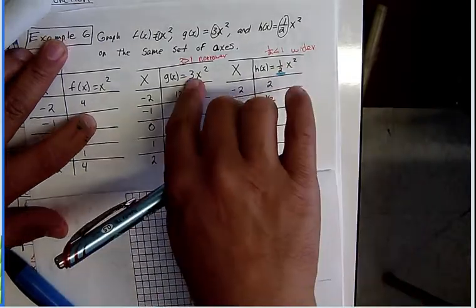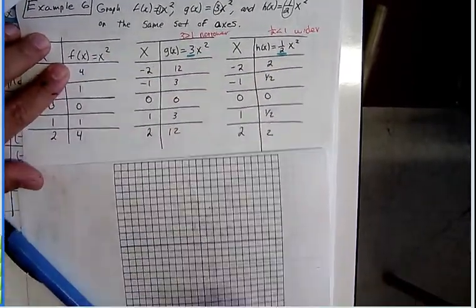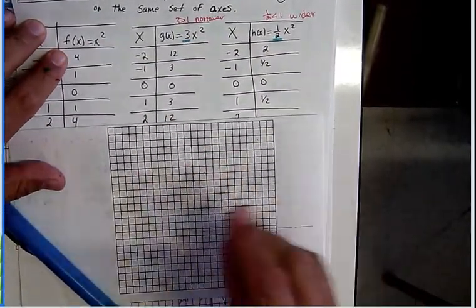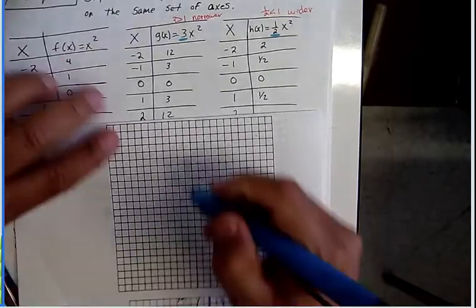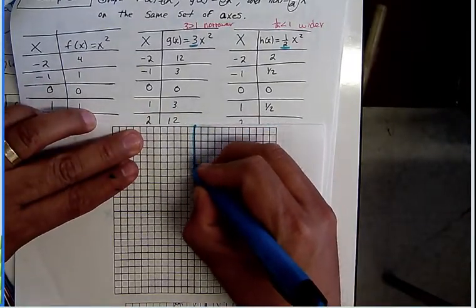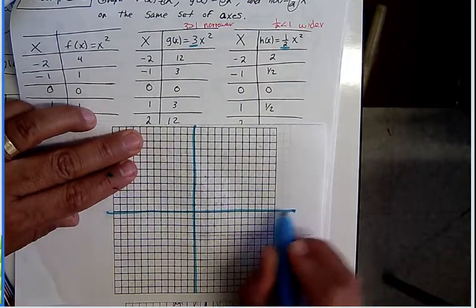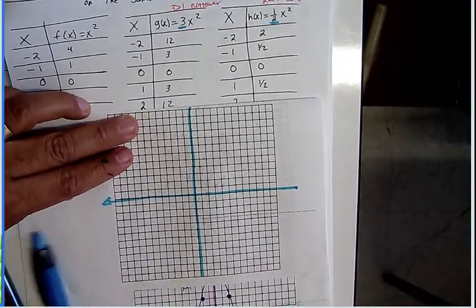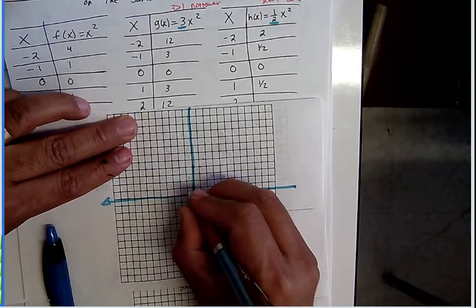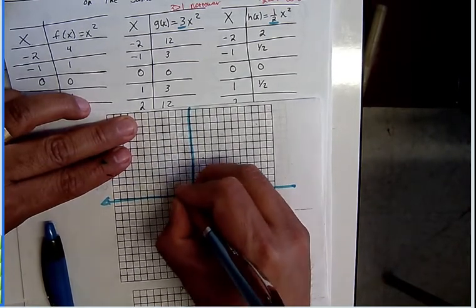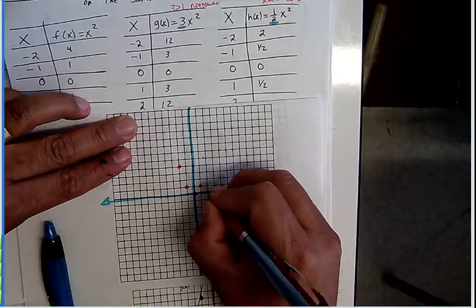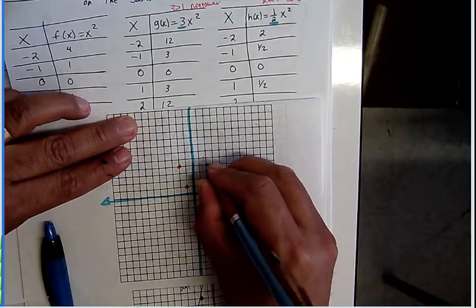If you guys notice, this is just the parent function. So I'm going to graph the parent function first. So the parent function just starts from here, and then 1, 1, and then 1, 2, 3, 4, 4, like that.